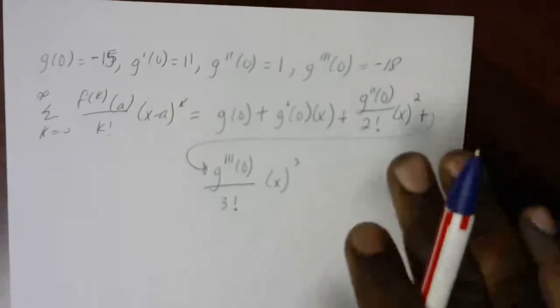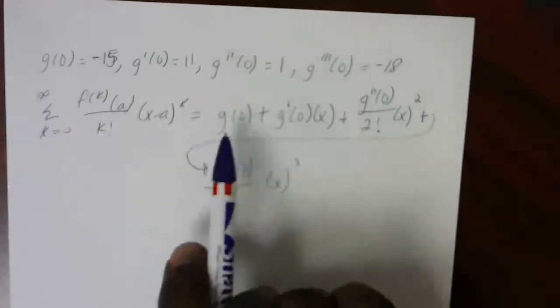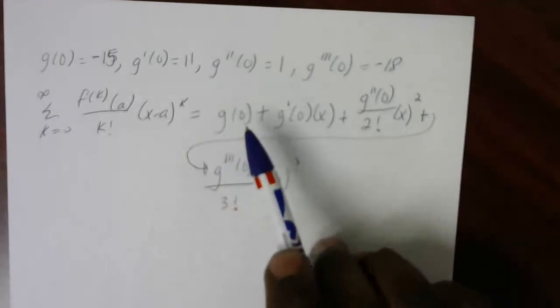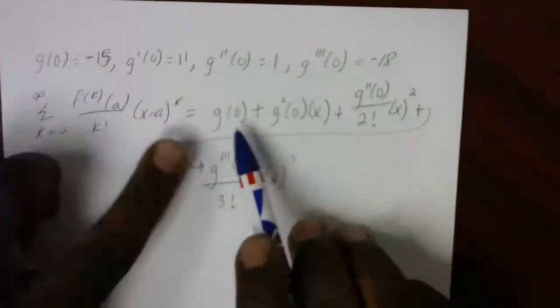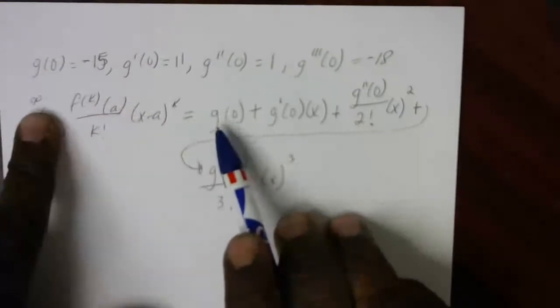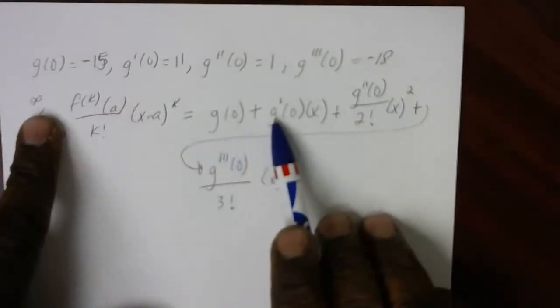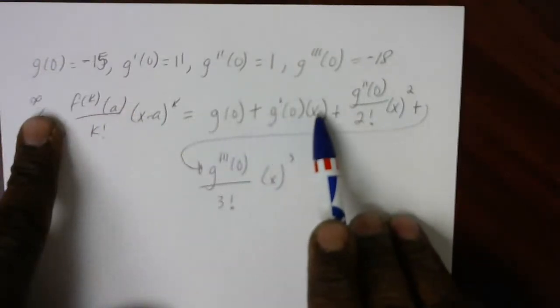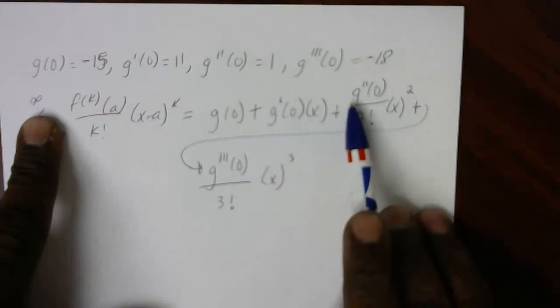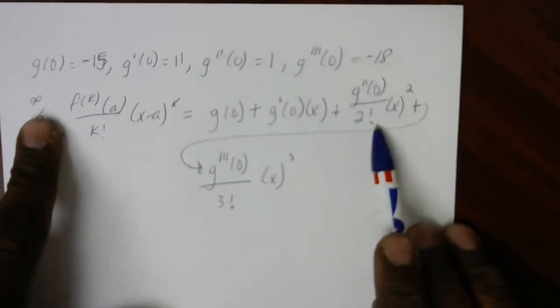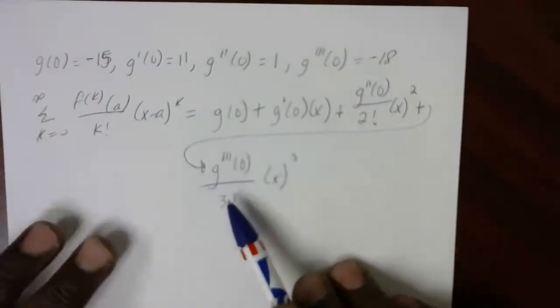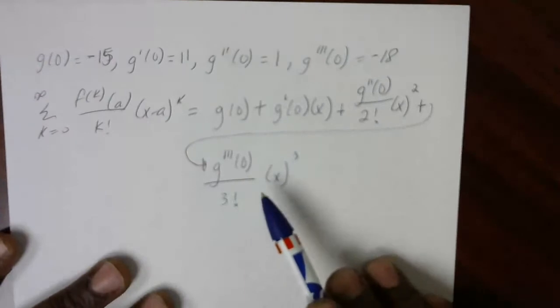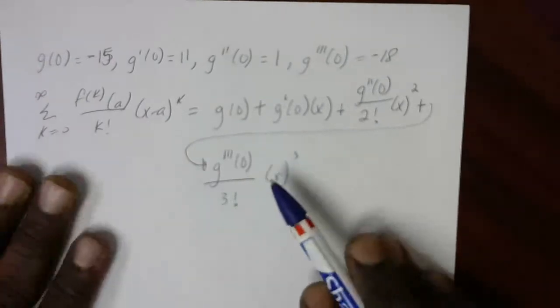I wrote that out in abstract terms before we start plugging in. So even though they're using g of 0, we basically broke it down into g of 0 plus g prime of 0 times x plus g double prime of 0 divided by 2 factorial times x squared plus g triple prime of 0 divided by 3 factorial times x cubed.